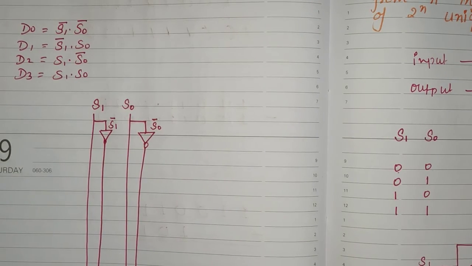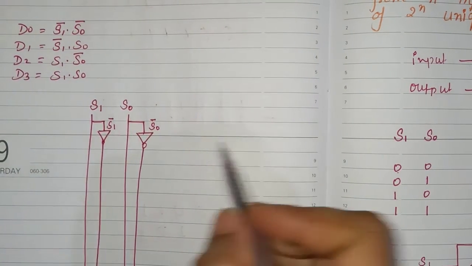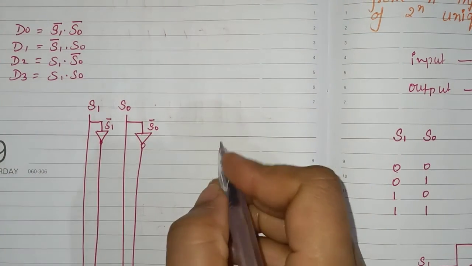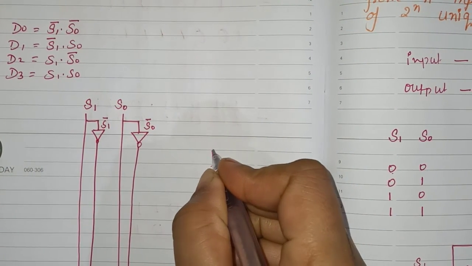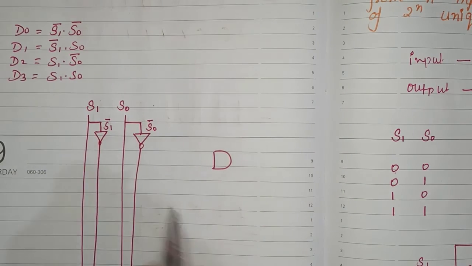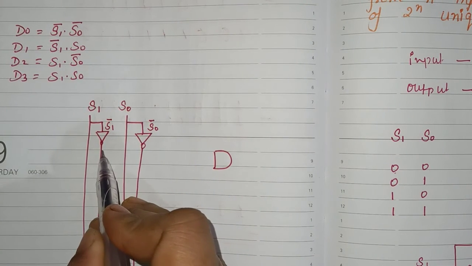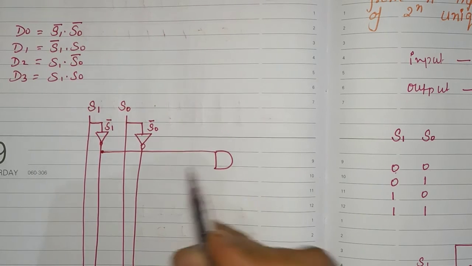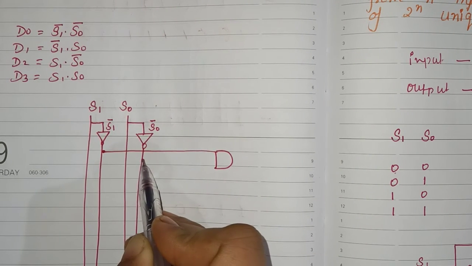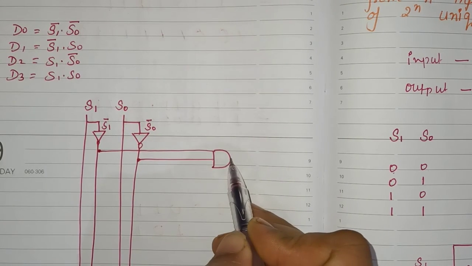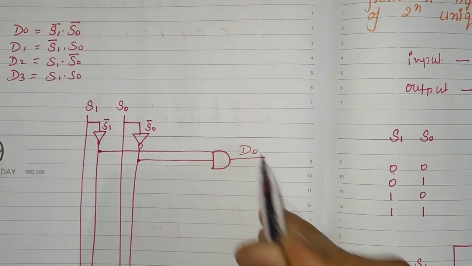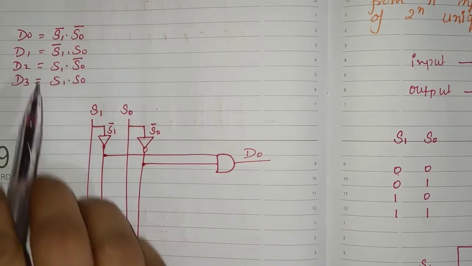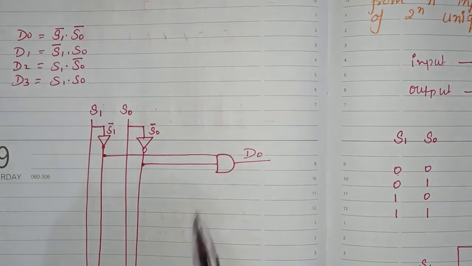Clear? Now for D0, S1 and S0 both are bar. Here we draw an AND gate. Bar value means it will pass through the NOT gate line, this one and this one, and we get the D0 output here. For D1, S1 is bar.